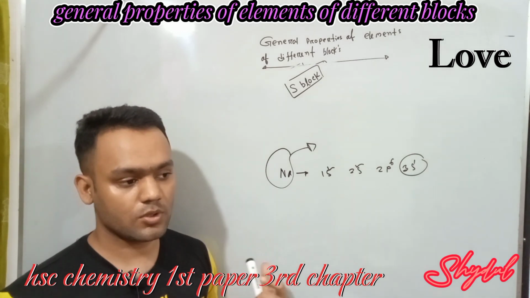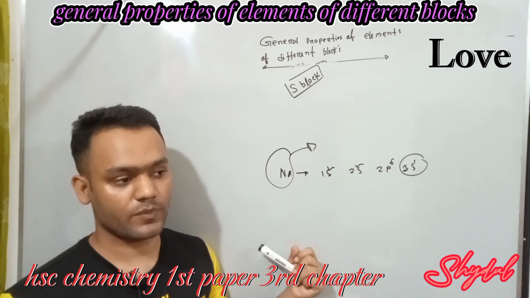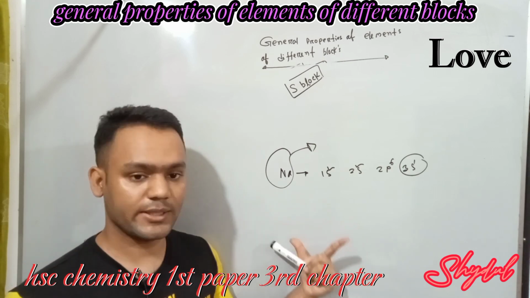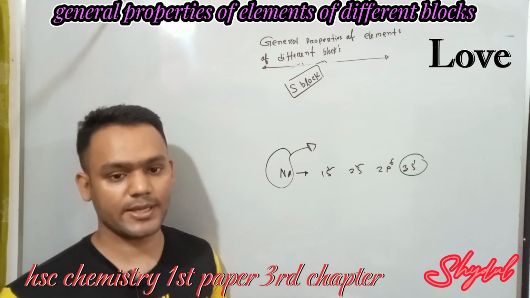S block elements are usually alkali metals and alkaline earth metals.